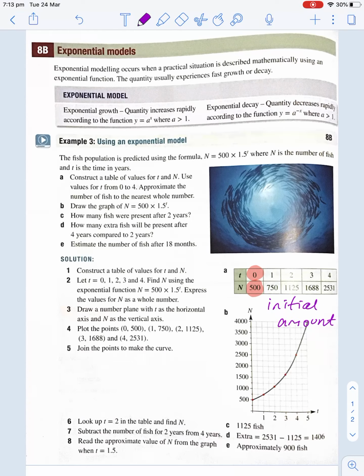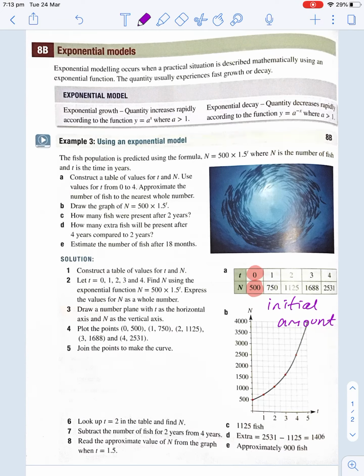So at the start there are going to be 500 fish. We're looking at this population, there's 500 at the moment, and we're multiplying by this because over time this 500 is going to get bigger and bigger exponentially. So it's really important that you realize this 500 is all about the initial amount.